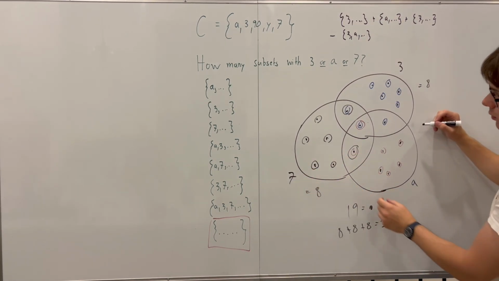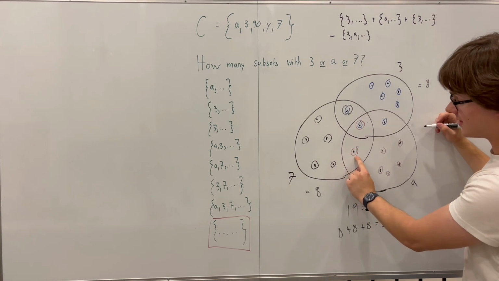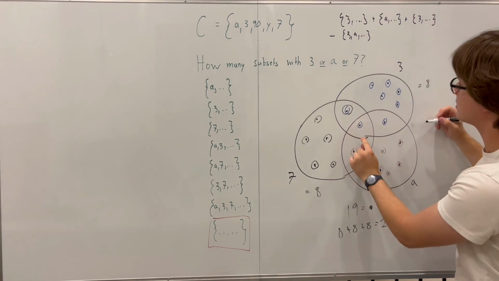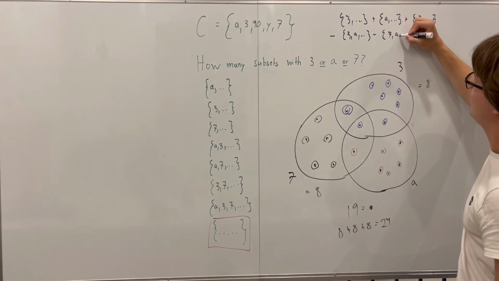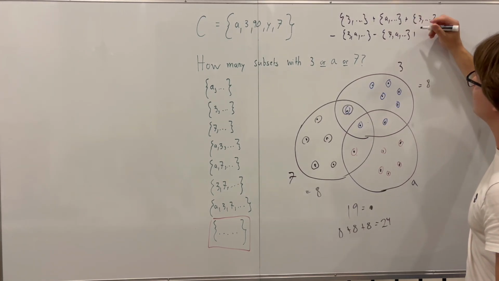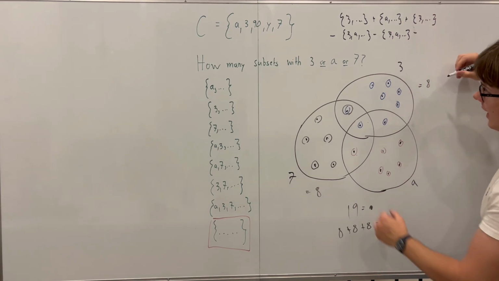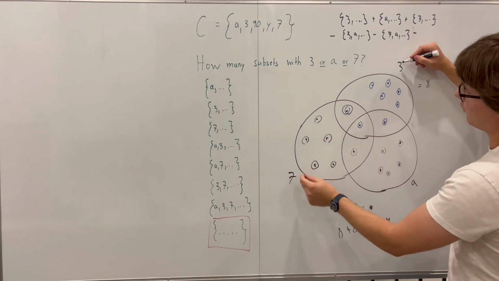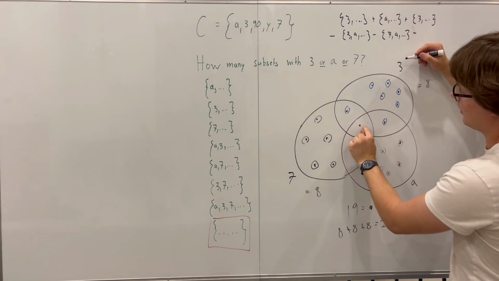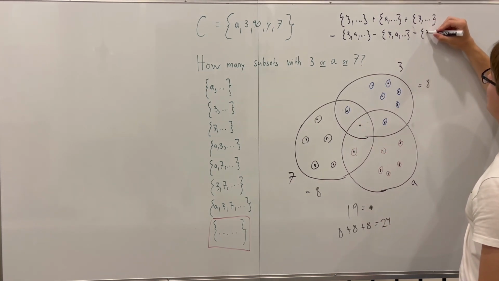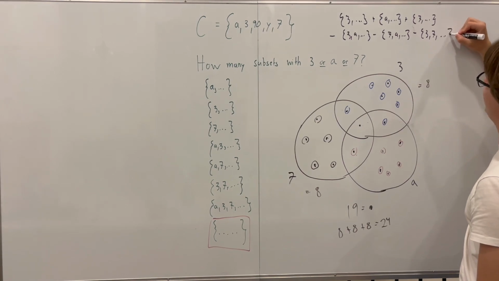Similarly for 7 and A, we're going to subtract the sets that have both 7 and A once. So this is going to be minus the subsets that have 7 and A. And then finally, we're going to also subtract all the subsets that have both a 3 and a 7, right? We're going to get rid of one of these rings. There we go. So it's going to be 3, 7.